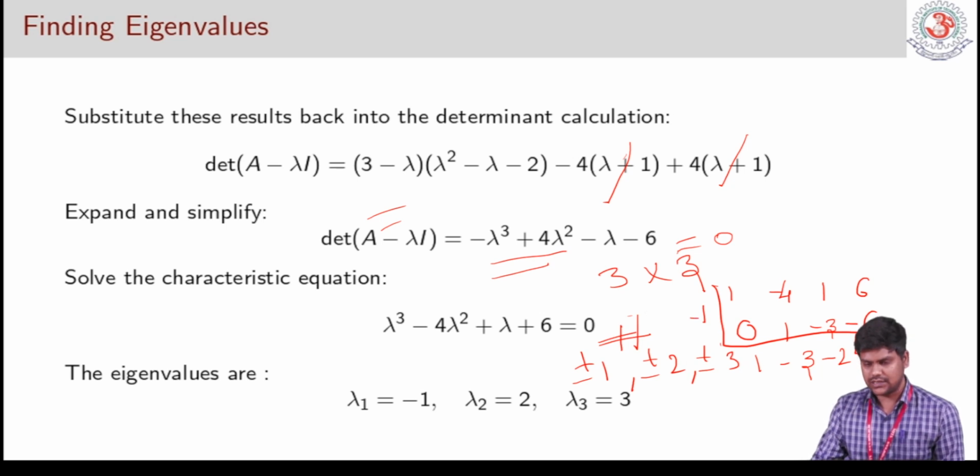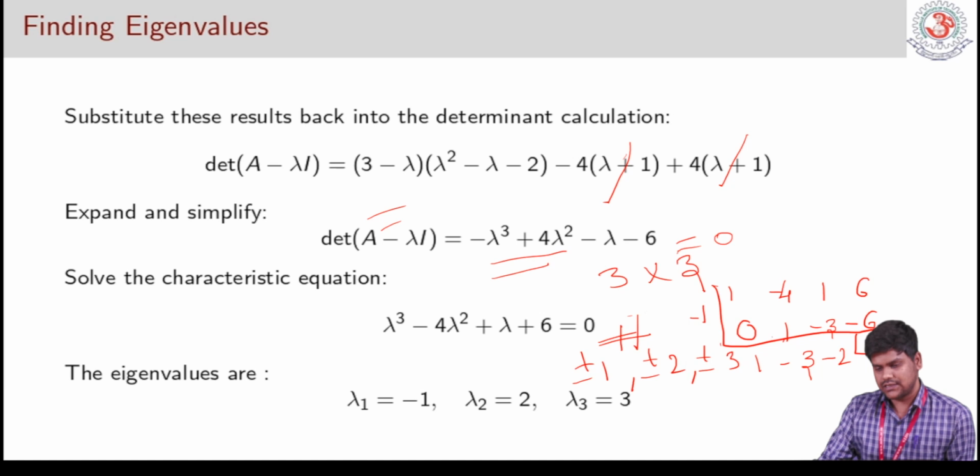So minus 1 is possible. Next we put minus 1. 1 into minus 1 is minus 1. Minus 4 minus 1 is minus 5. Minus 1 into minus 5 is plus 5. 1 plus 5 is 6.